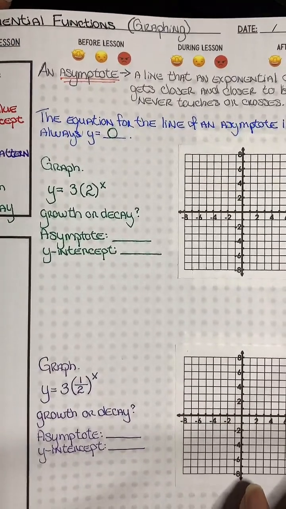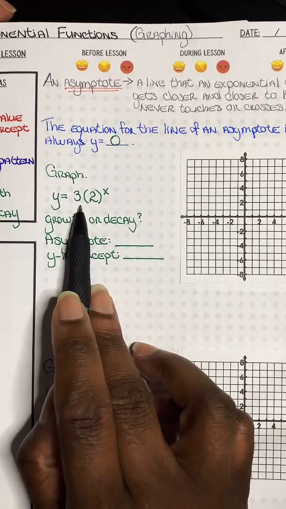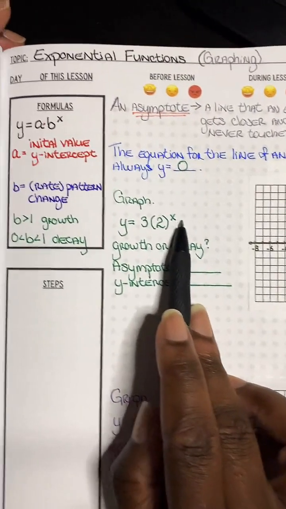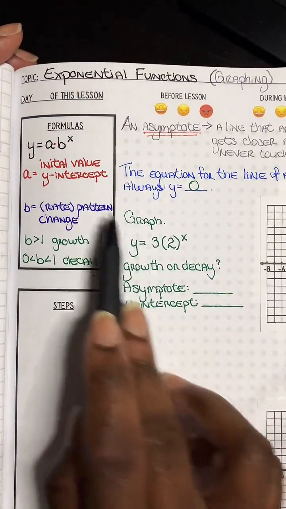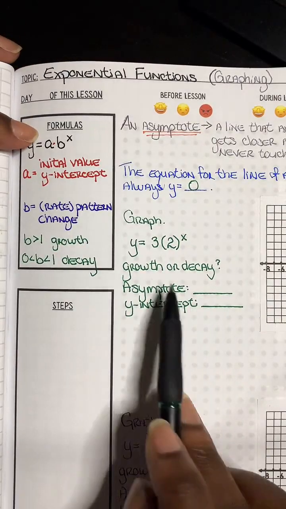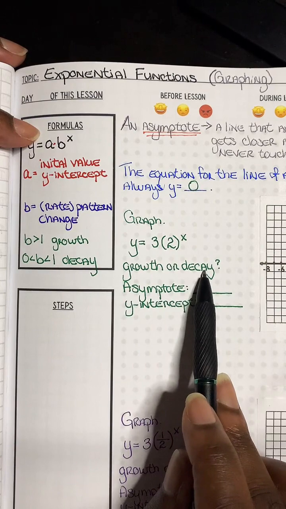I want to eventually graph y equals 3 times 2 raised to the x. So if I can slide this over so you can do a little comparison with our notes here. I want to ask, is it a growth or a decay?